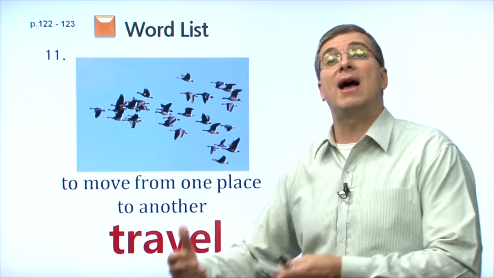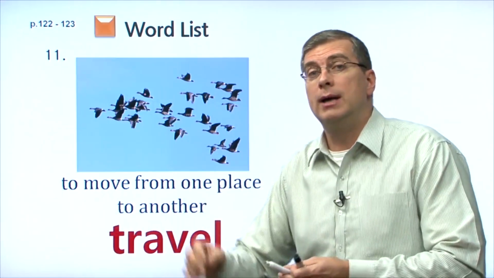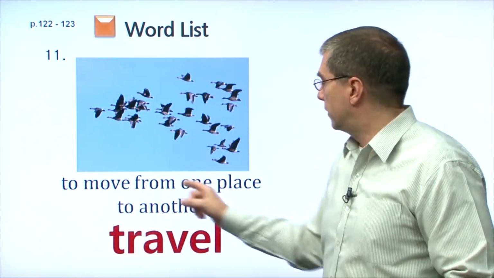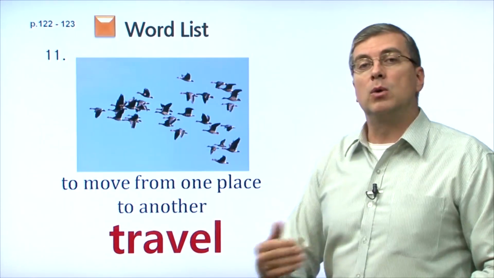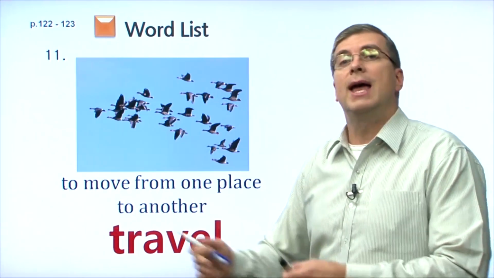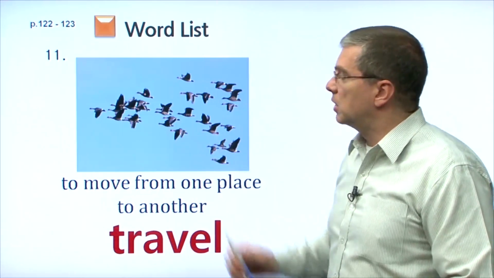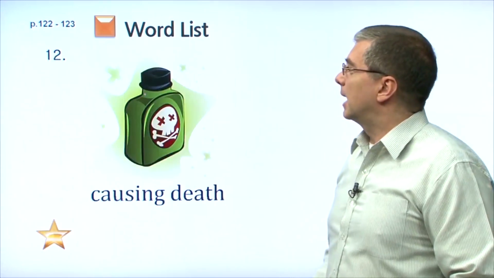I will travel to America. Travel to somewhere. Move from one place to another place. I will travel to another country. So these birds are traveling south. Okay? Let's take a look at the next one.